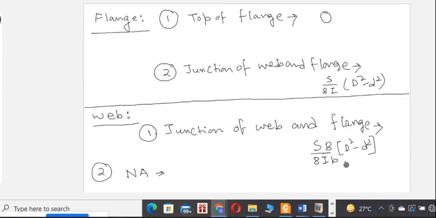It is the same, just the b by b is separated. And one is left, at neutral axis: S divided by 8Ib into b D square minus d square plus small b d square.